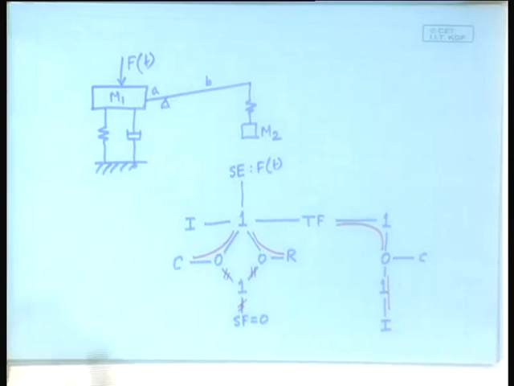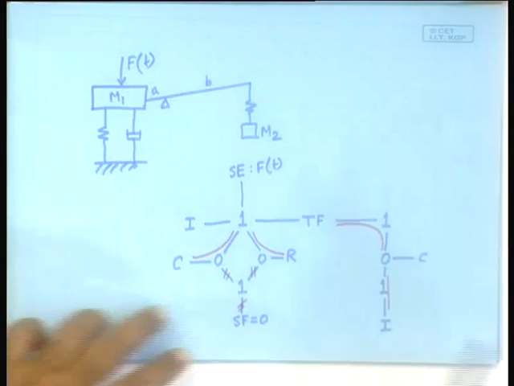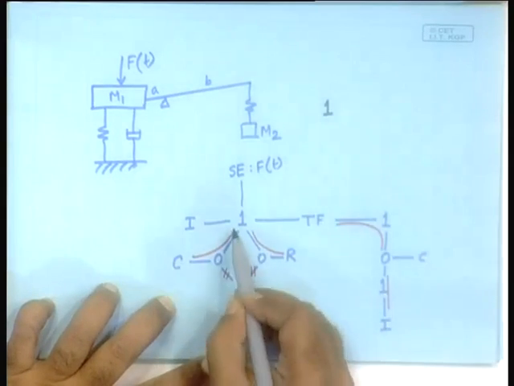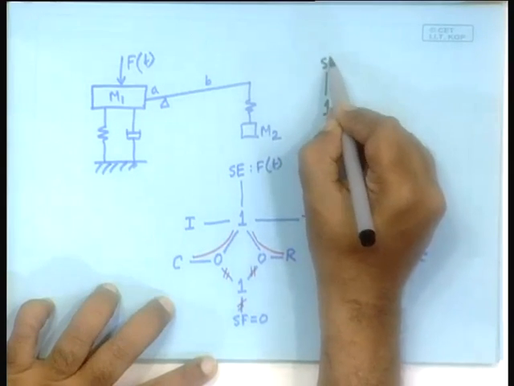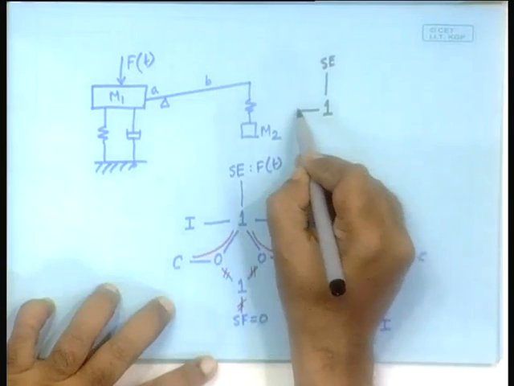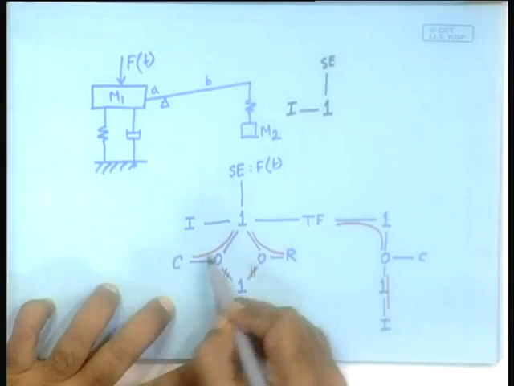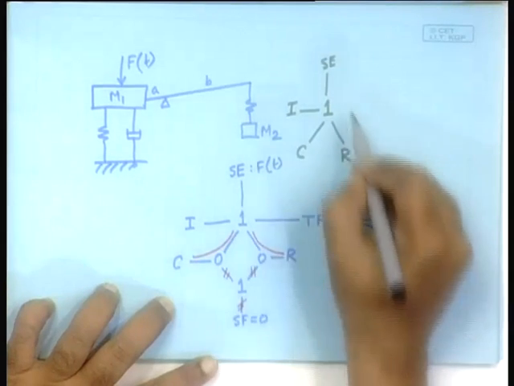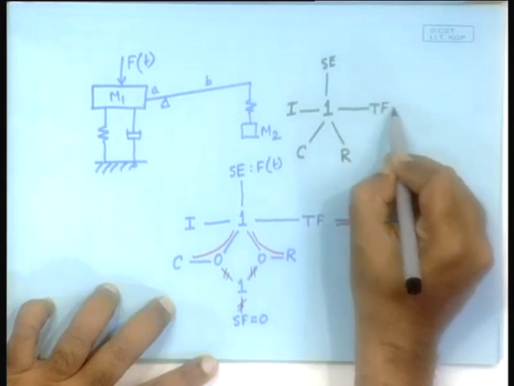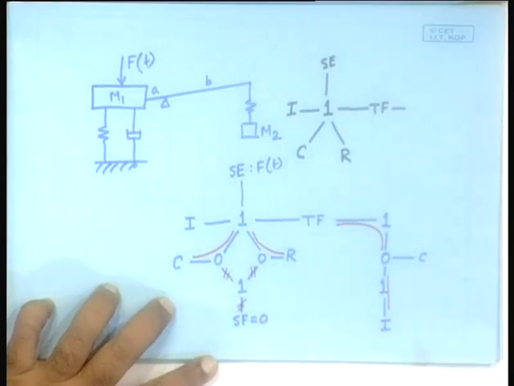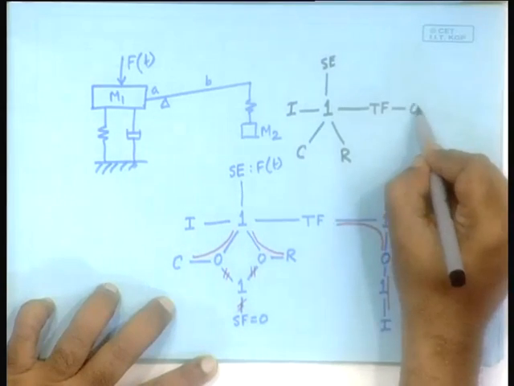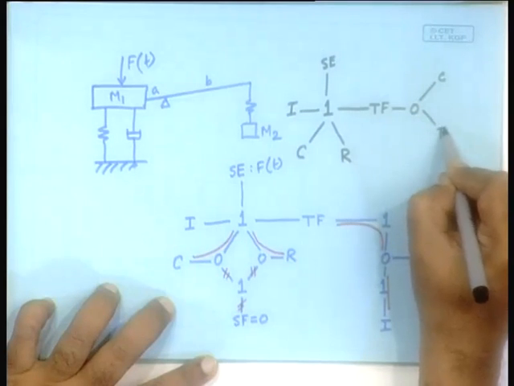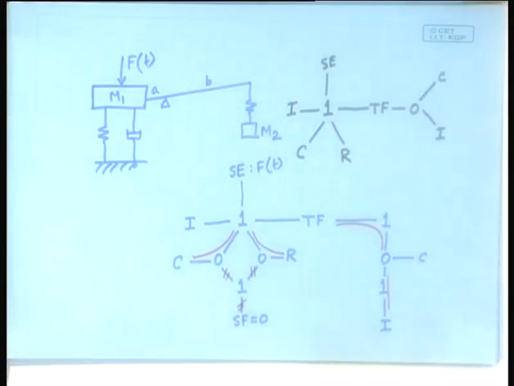Right. So, we have a far shorter bond graph now. Let us start with this one connected to SE, I, C, R, transformer, and then, this is not necessary, to a 0 junction connected to a C and I. That becomes the bond graph.